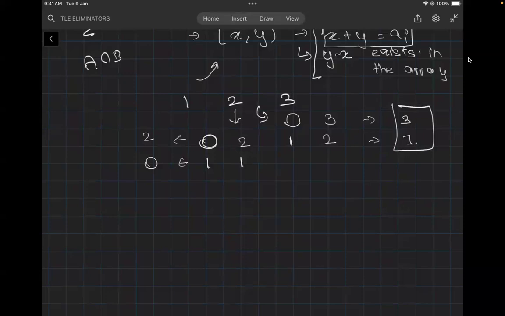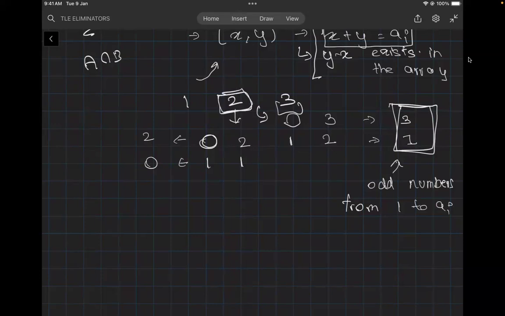If you notice this pattern, these values will take all odd numbers from 1 to ai if ai is odd, and if it is even, it will take all even numbers from 0 to ai.